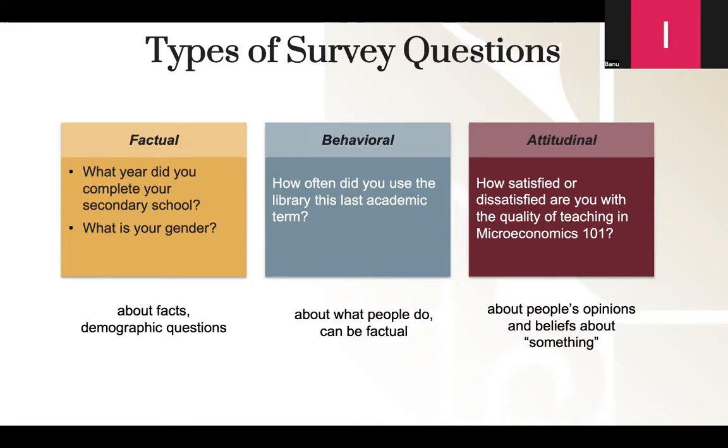So when you are building a survey, make sure that it is not comprised of only, or a lot of, attitudinal questions, because as I mentioned, this can be quite demanding for the respondents, and having a mixed and balanced set of different types of questions is always a good idea.